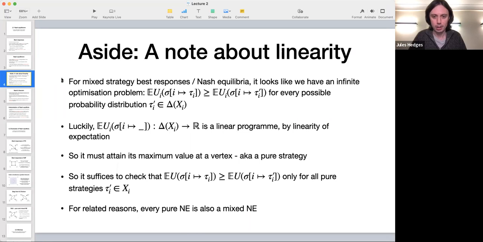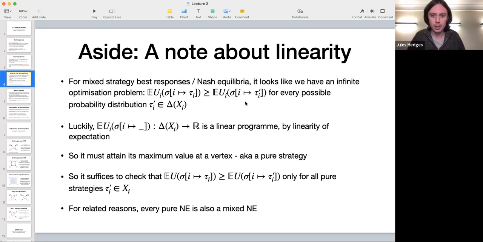There's a subtlety here, because for mixed strategies, it looks like each player's optimization problem is an infinite optimization problem. It looks like they need to check whether what they're doing is better than every possible mixed strategy for that player, which is a distribution on their set of pure strategies, and there are infinitely many of these.